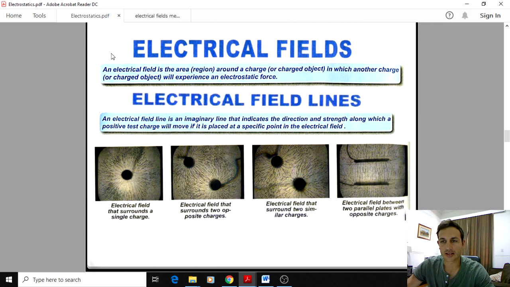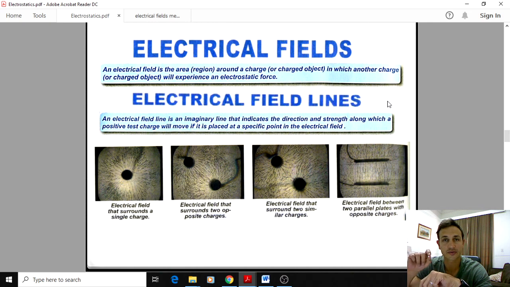That leads me to the next point, the electric field lines. An electric field line is an imaginary line that indicates the direction and strength along which a positive test charge will move if it is placed at a specific point in the electric field. They mention a positive test charge, emphasis on positive, because that is a clue to the direction in which electric fields move. They go from positive to negative.